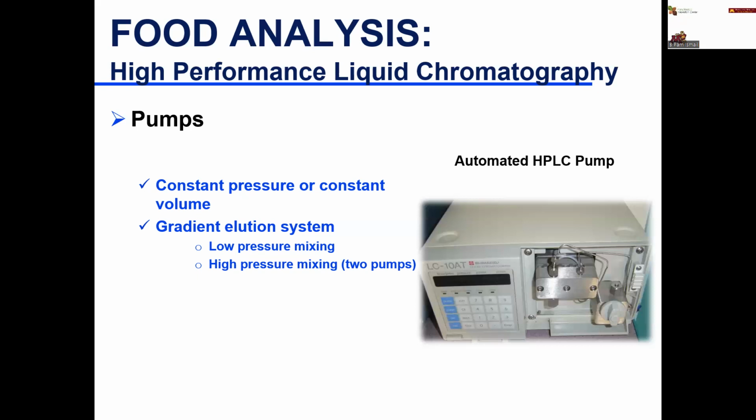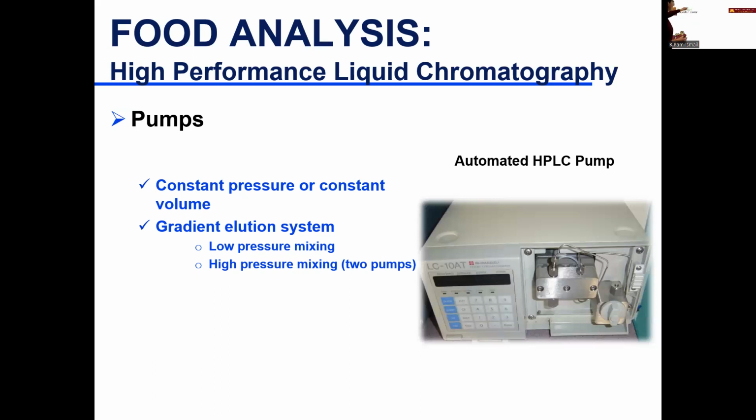I prefer the high pressure mixing in my lab. I don't have low pressure mixing, because with high pressure mixing and a very homogeneous mobile phase, you get a really nice baseline. This is more expensive.